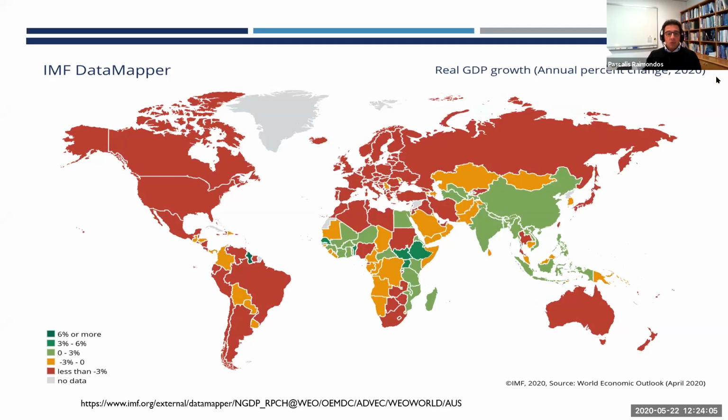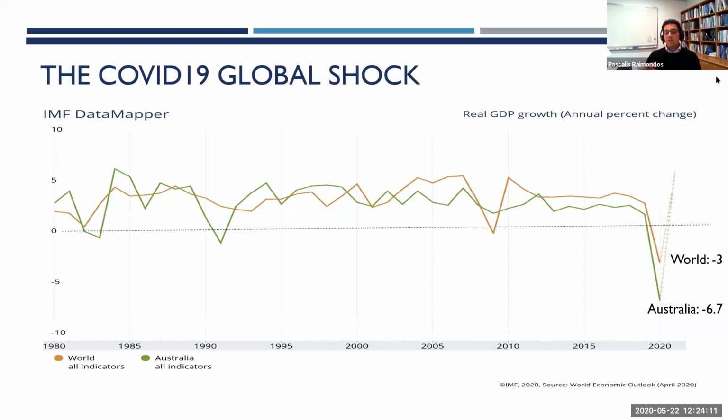Okay, so what is happening is, of course, that we can take a longer perspective and see these Vs that the previous speakers have talked about. This is now data from the IMF. It looks from 1980 until today. And you can see the yellow line, which is the world, and the green line, which is Australia.